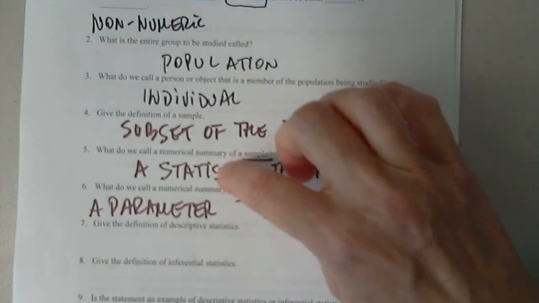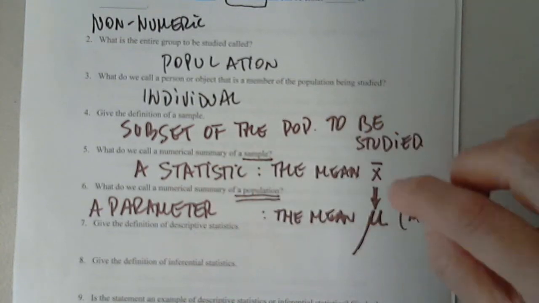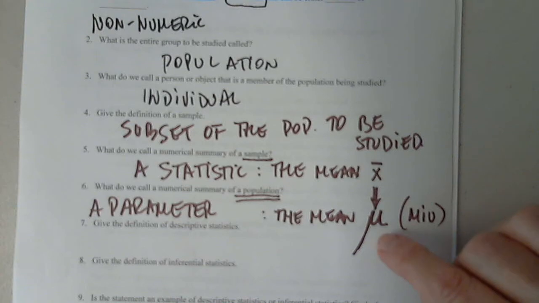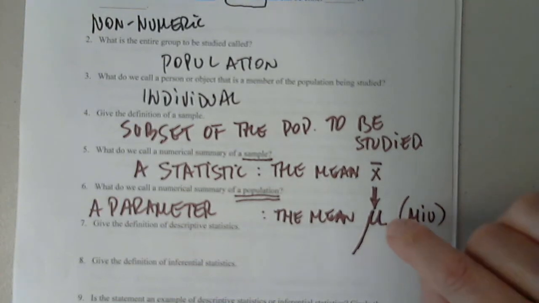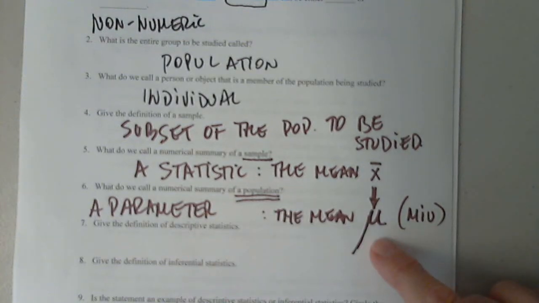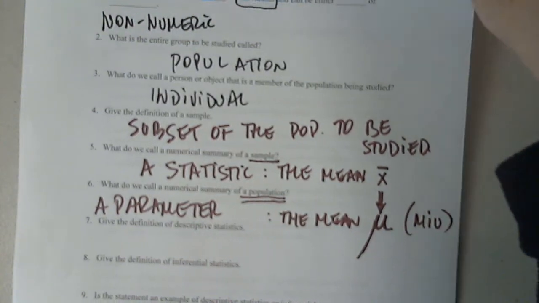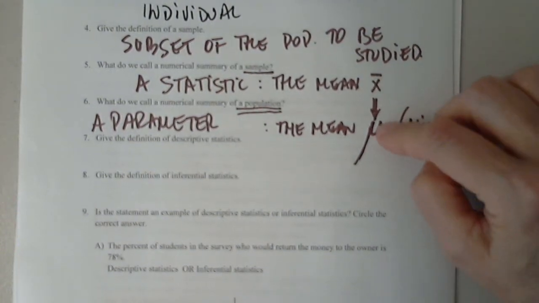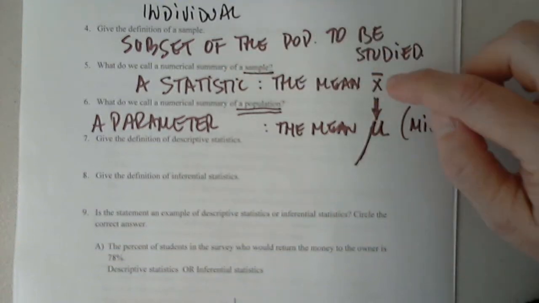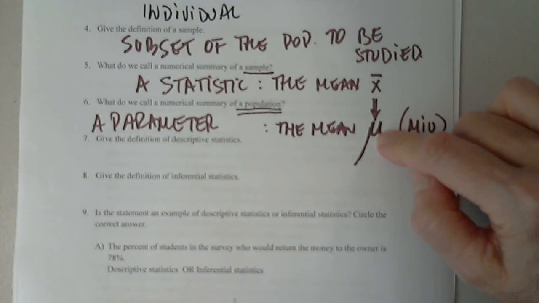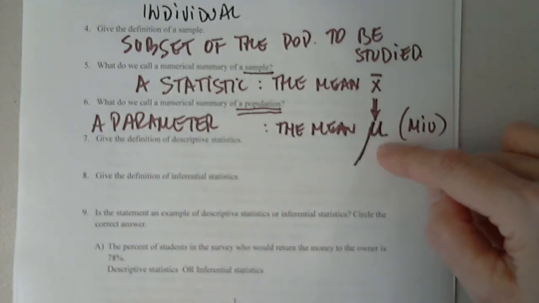So we will be using a statistic later on in the semester to predict or make conclusions about the population mean, which is the parameter, that we cannot determine. It's too expensive, too time consuming. We cannot determine this. But we collect a sample. We're going to use the statistic to predict the population parameter, which is the mean.